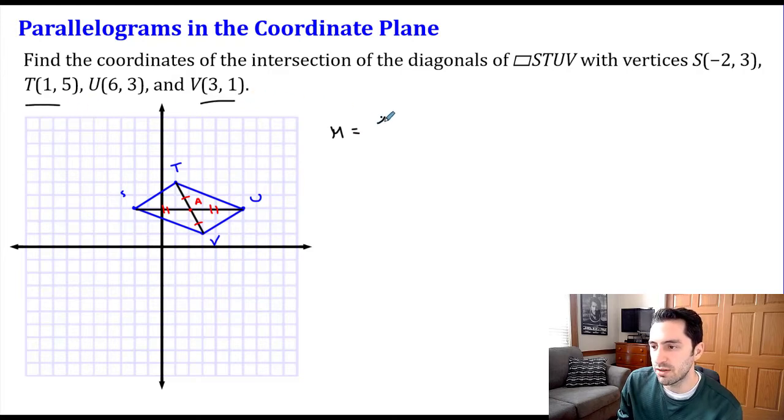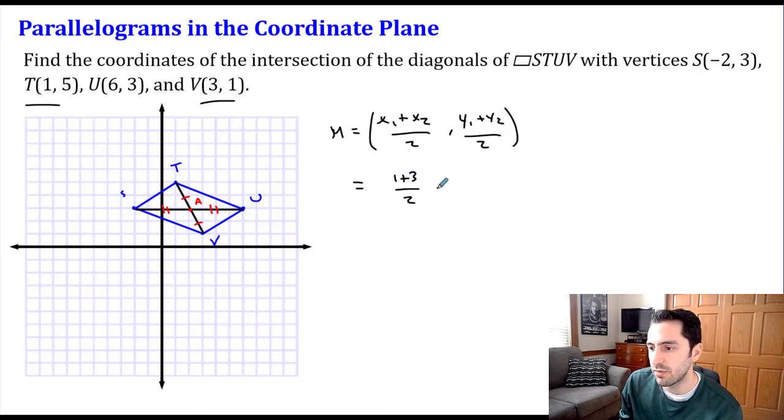So the midpoint, remember, it's the average of the x values and the average of the y values. So we'll add our x's together and divide by 2. We'll add the y's together and divide by 2. So my 2 x values, we have 1 and 3. The 2 y values, we have 5 and 1.